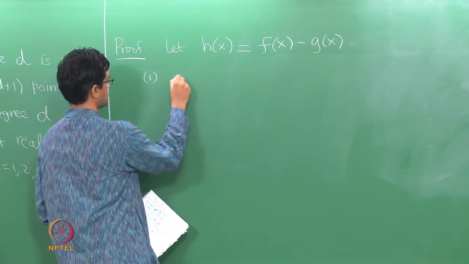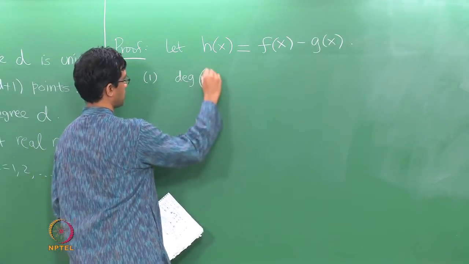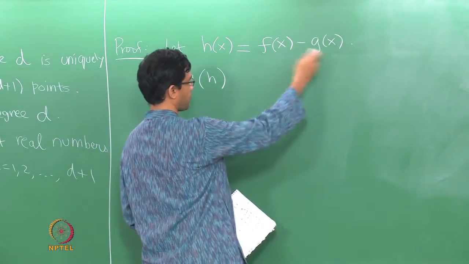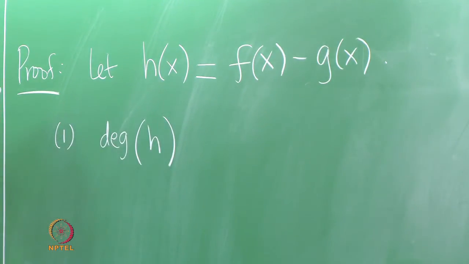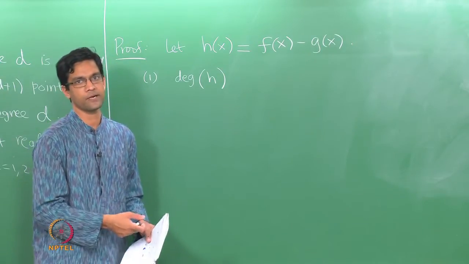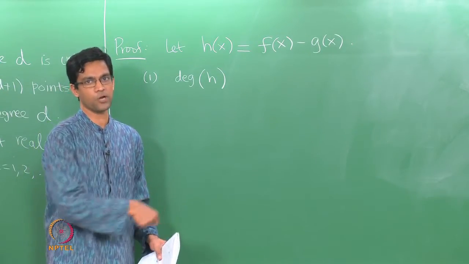Fact 1 is about the degree of the polynomial h. Observe f and g are both degree d polynomials, and when you subtract or add two degree d polynomials, you might get something of degree d, but could also get something of strictly smaller degree than d.